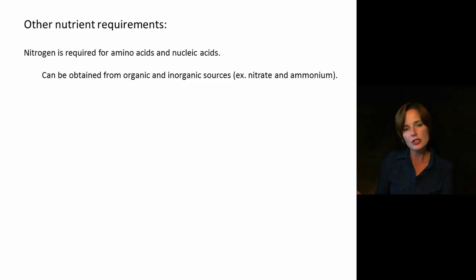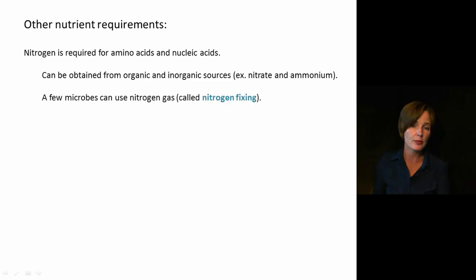So if it's inorganic sources, that would be from nitrate and then also ammonium. We do have some special organisms that are able, in some cases, to actually collect atmospheric nitrogen. And this atmospheric nitrogen or nitrogen gas is N2. These organisms are called nitrogen-fixing organisms or nitrogen-fixing bacteria.